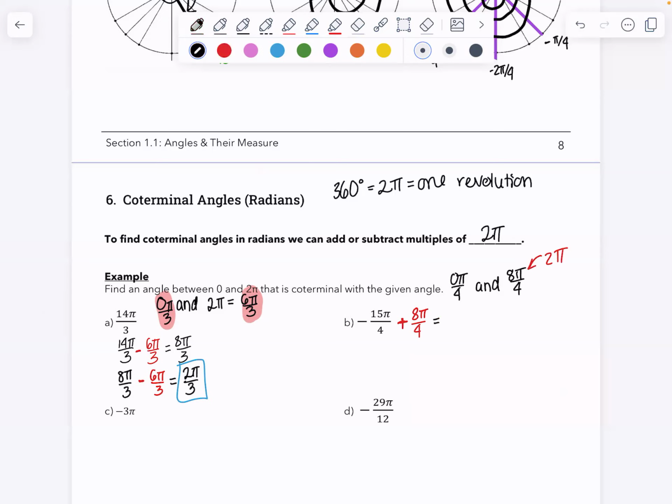Negative 15 plus 8 is negative 7, so we have negative 7 pi over 4, which is still not in the range we need. So we add another 8 pi over 4. Negative 7 plus 8 is 1, so we get 1 pi over 4, which is just pi over 4. 1 is between 0 and 8, and the 1 is unnecessary, so I'm going to leave it off.